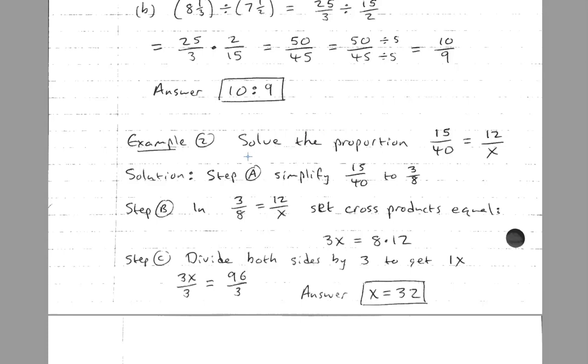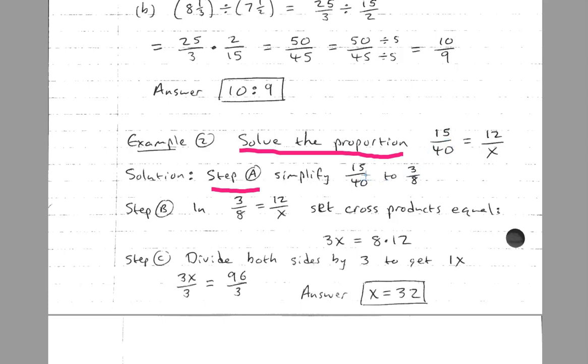So when you're solving a proportion, there are 3 good steps. Step A is to simplify, if you can, the fraction on one side, the one that doesn't have a letter. Does this simplify?